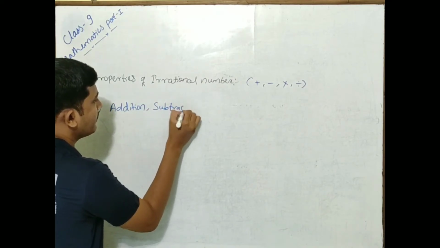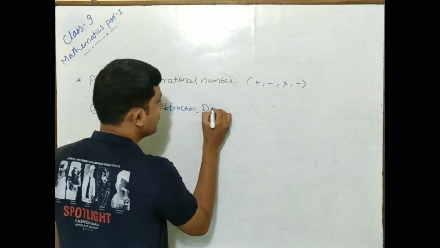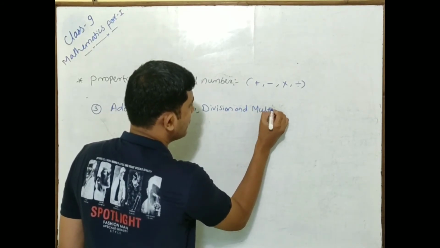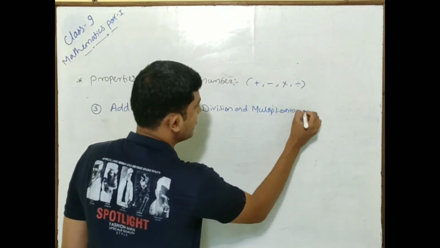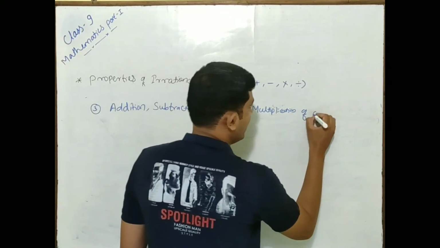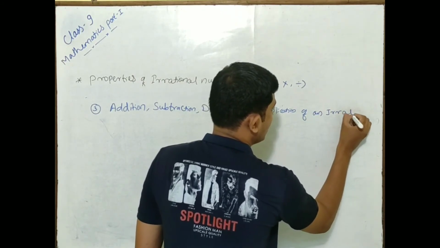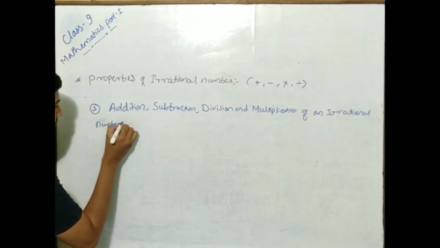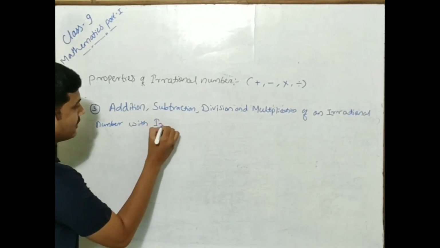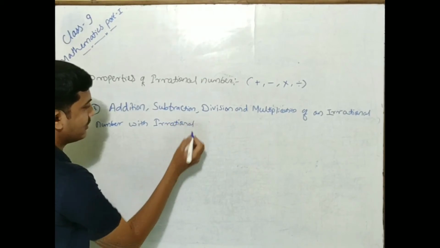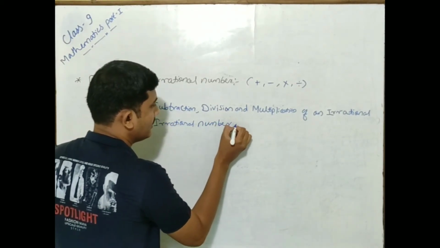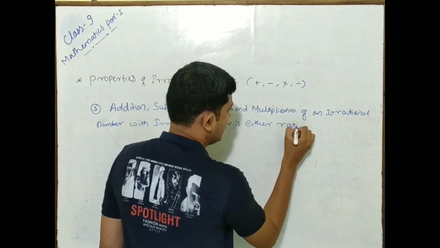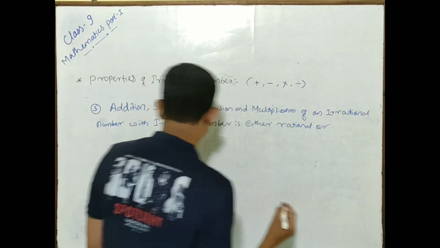Subtraction, division and multiplication of an irrational number with an irrational number is either rational or irrational.